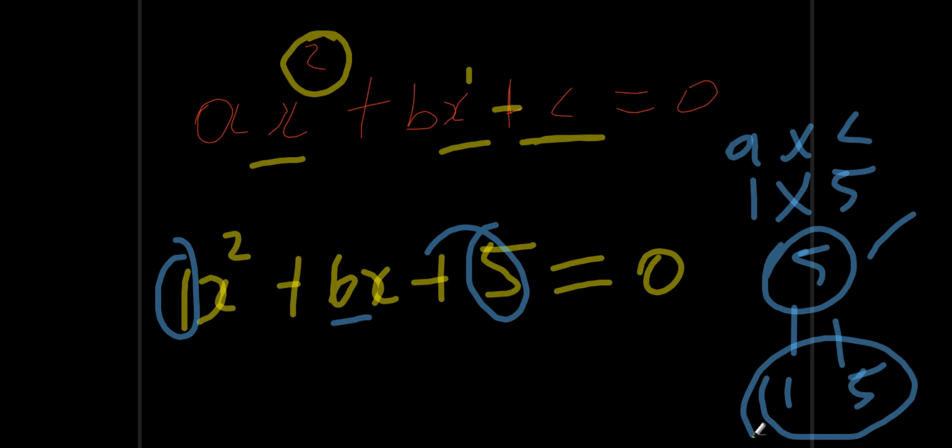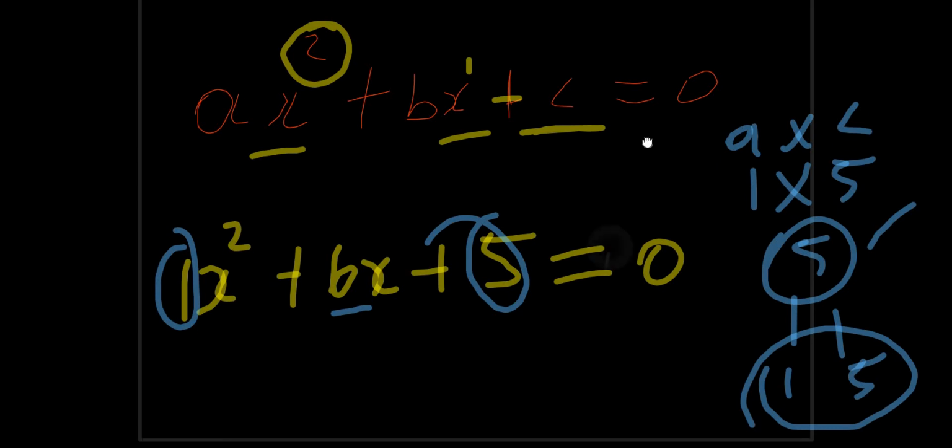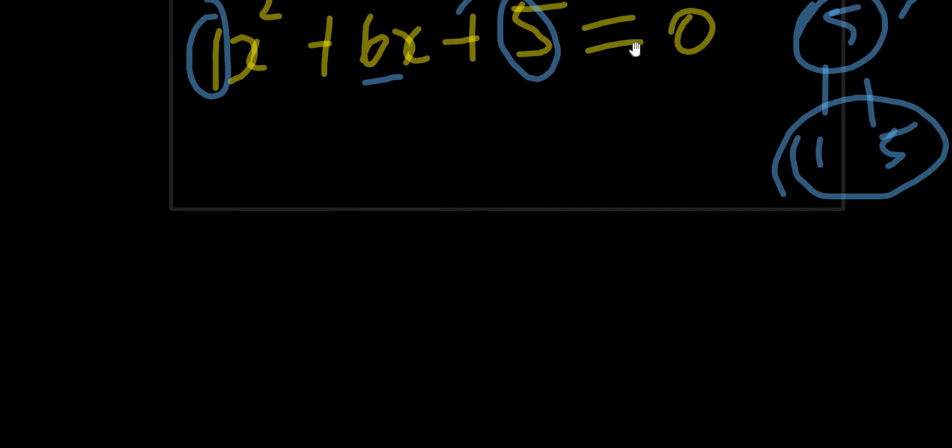Let me show you what I'm talking about. Let's rewrite this. So we have x squared plus, I'm just going to put x right here, a coefficient of 1 right there.